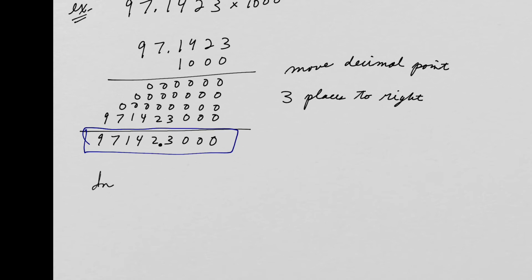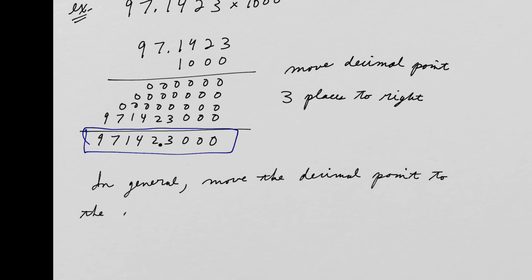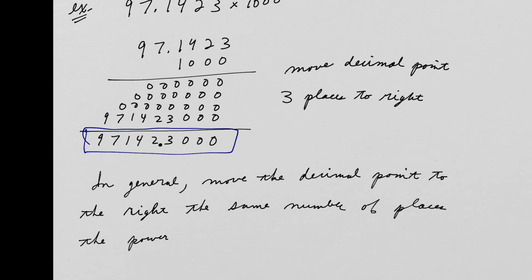So in general, move the decimal point to the right the same number of places the power has zeros. Okay, so it's just a quick way, right?